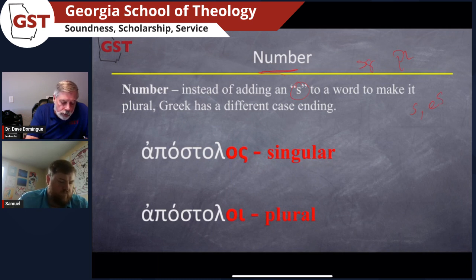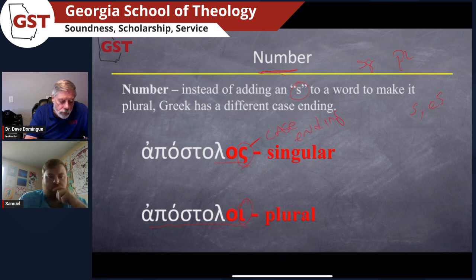In Greek, the singular nominative is going to have the S, the case ending, but in the plural, it's going to have the iota. So this would be apostolos, an apostle or a messenger, and this would be apostoloi, apostles or messengers plural.